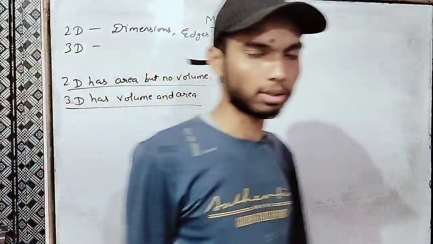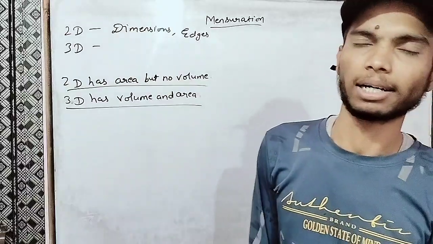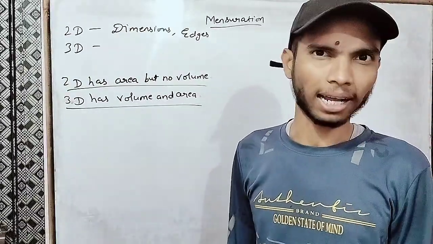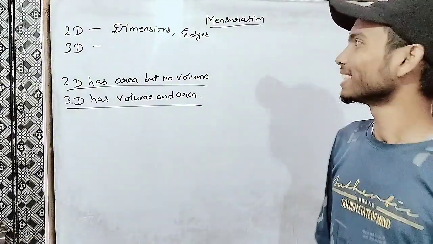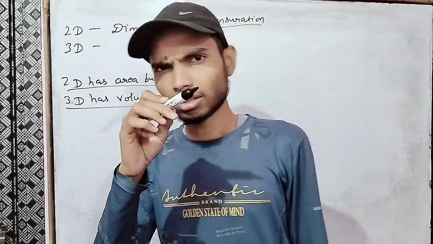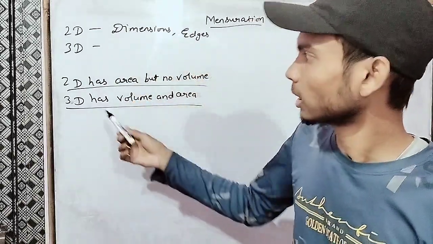So examples of 2D are a rectangle, a square, and a circle. Circle is also an example of 2D.